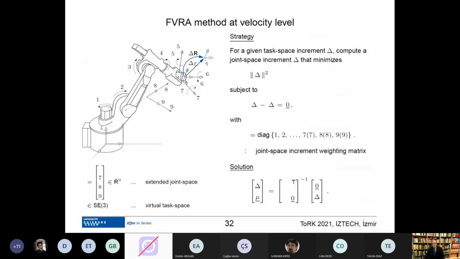Here you see, for example, a virtual prismatic joint that does not really exist, but is just computed for a numerical model. When you prescribe some motion that is too far away, when these axes are stretched, the virtual axis will compensate for that so that you can reach the target position.